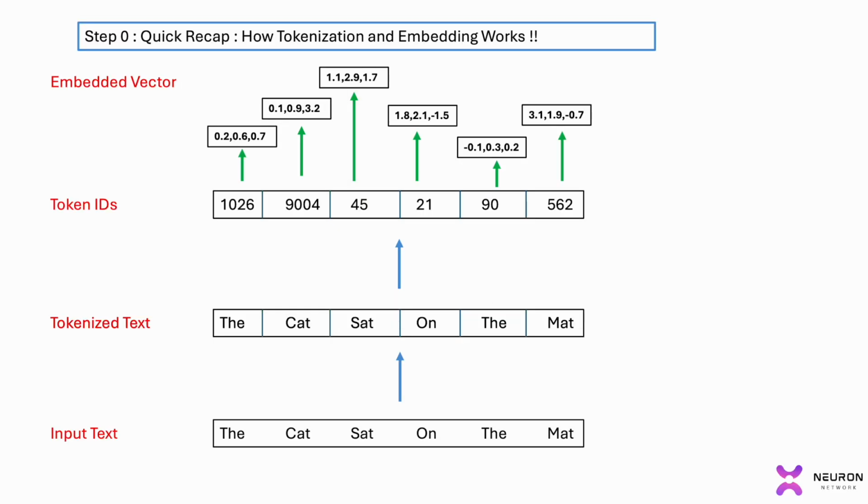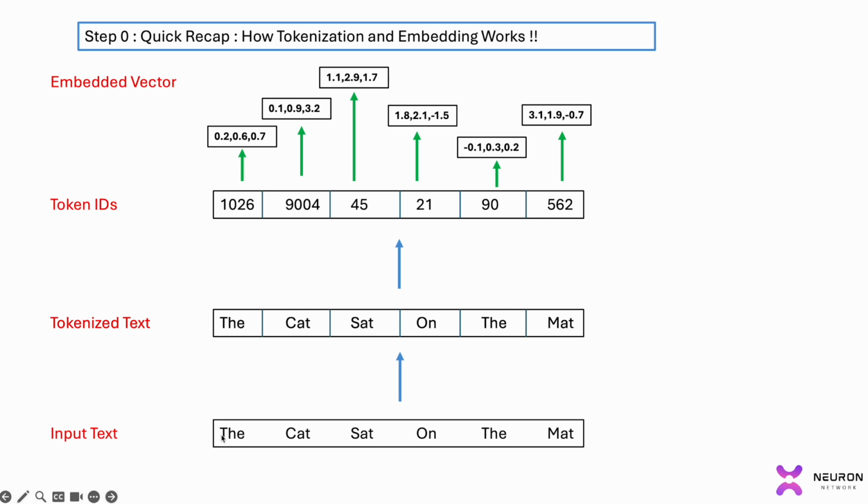Okay, to understand multi-headed attention or masked multi-headed attention, it's very important to recap a few things which we did in the last slide. Let's say with an example, the input text is "the cat sat on the mat", and our transformer has to predict the next word or token in the sequence, right? This is the exercise.